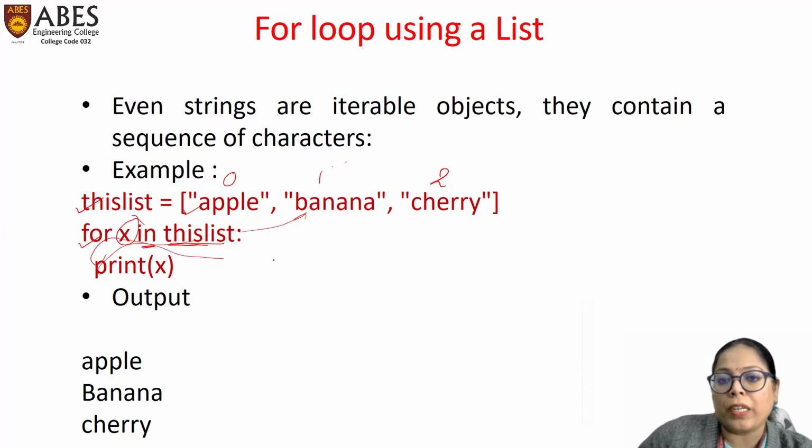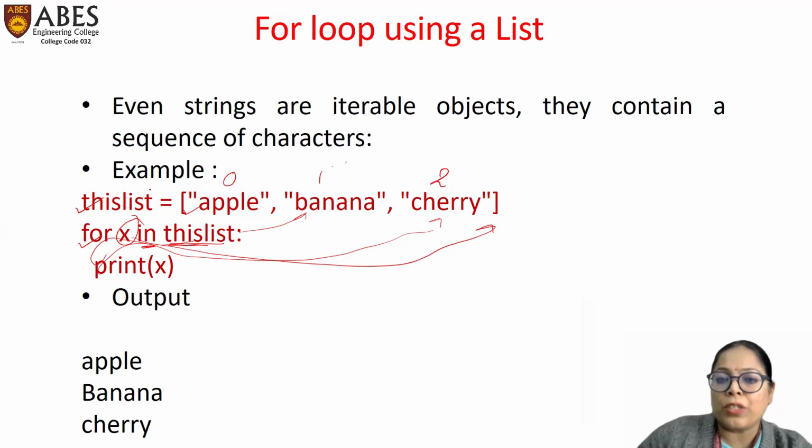Then it goes to the next element, finds cherry, and prints that. Once this value is printed, it goes back to look in the sequence for any element, finds there is no element, so it stops there and terminates.